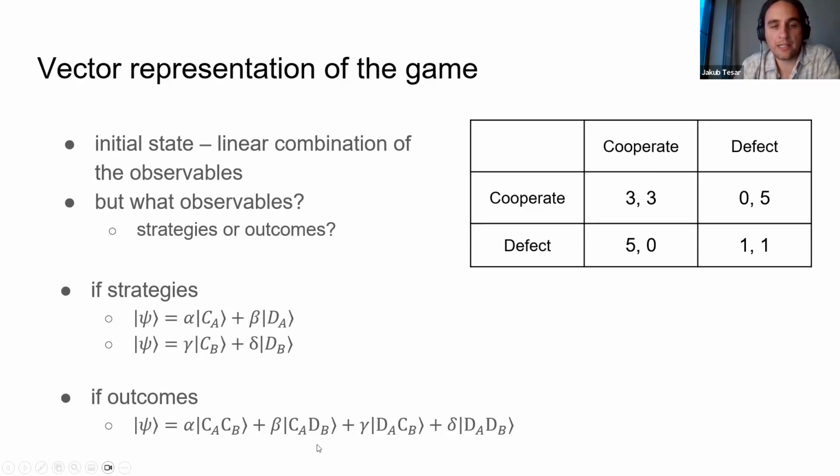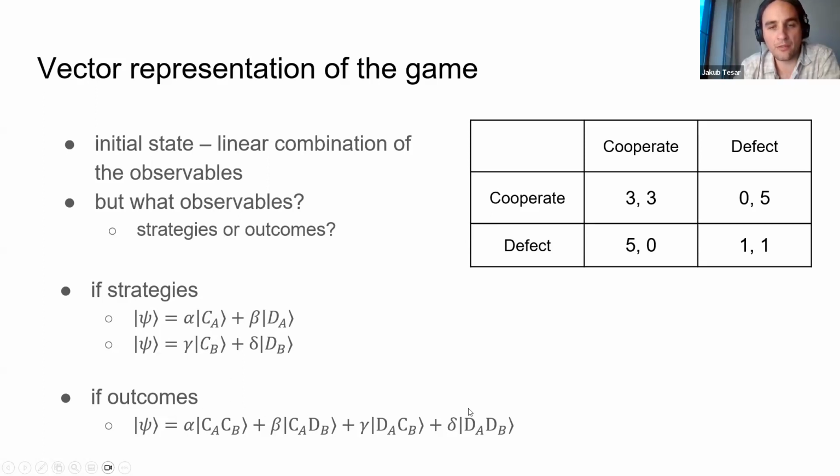We would basically create not a 2-dimensional space, but a 4-dimensional space, where the basis of this space would be one of the possible bases, but quite an important one would be the tensor product of the strategies, so a combination of the strategies instead of the strategies.